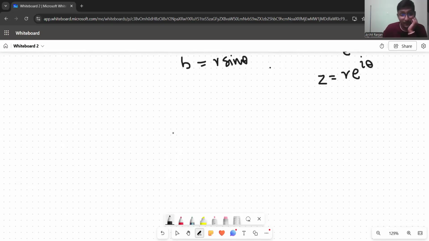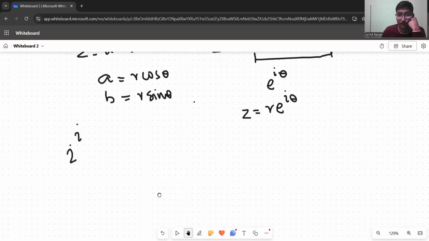What would be the value of iota to the power iota? To solve this, we can do one thing. It sounds confusing, right? Just to solve this, we'll try to use the Euler representation.